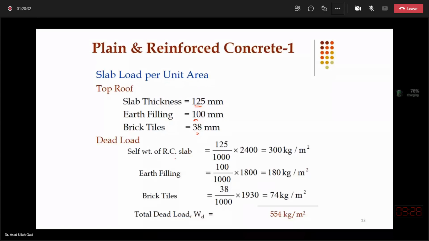The density for the concrete, the density for the earth filling, and the density for the brick tiles are multiplied with their corresponding thicknesses, and then they are summed up to estimate the service self weight over the roof slab.